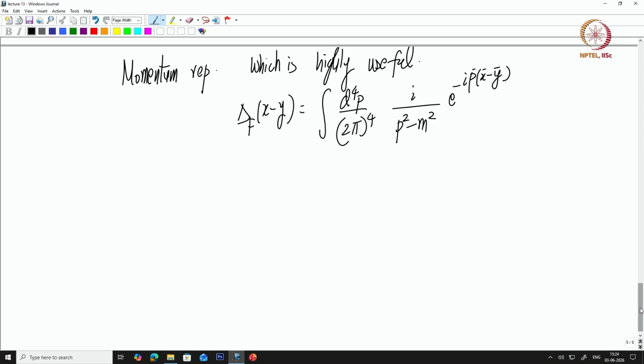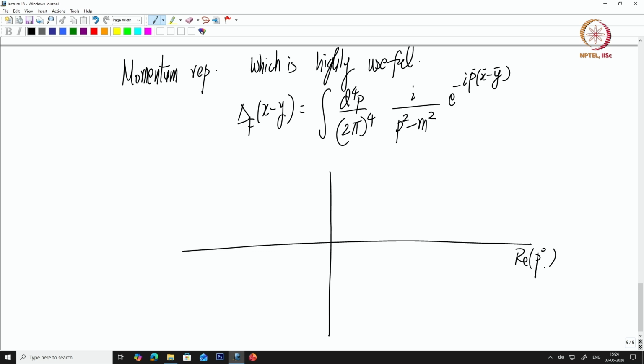In the complex p0 plane, you have a pole at plus E_p and at minus E_p, roughly equidistant.